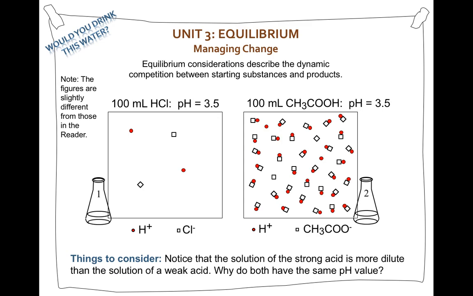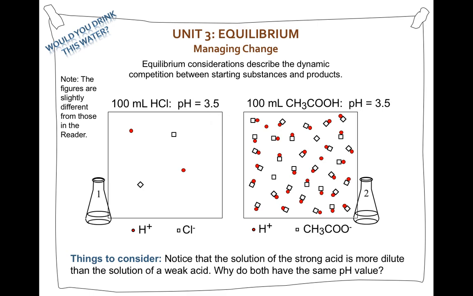We ended last time looking at two solutions that had the same pH. Over here on the left, we have a very dilute hydrochloric acid solution. That's a nice strong acid. All of it is dissociated, but because there are so few moles of it, it ends up with a pH of 3.5 nonetheless.